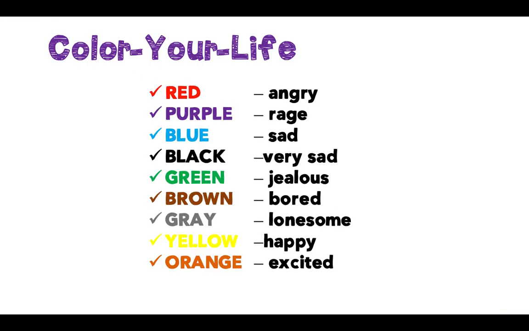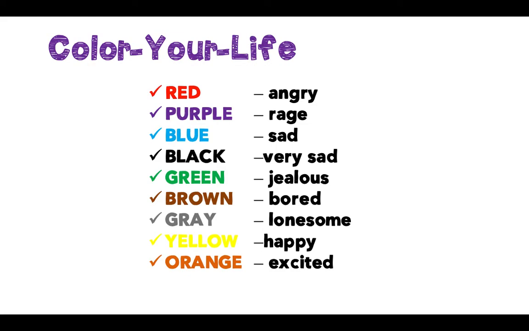Examples of color feeling pairs would be red for angry, purple to represent rage, blue to show being sad, black to show that you're very, very sad, green for feeling jealous, brown for being bored, gray for being lonesome, yellow for feeling happy, and orange for being excited.